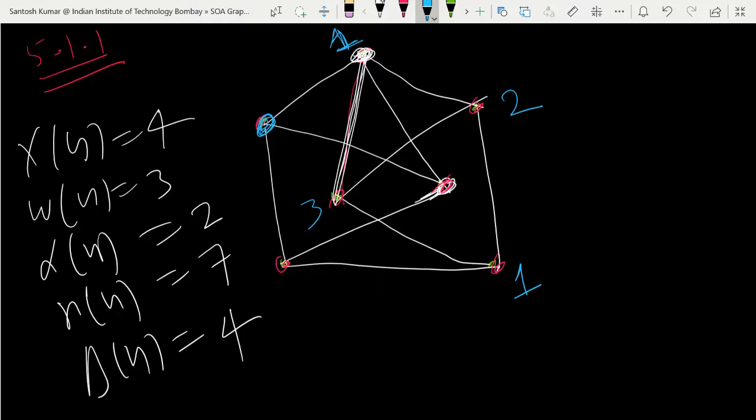Suppose I take 3 here, so let's take 2 here. Now this one is connected to 1, this is connected to 2, this is connected to 3. So this is adjacent to vertices of all colors or labels 1, 2, 3, so we have to take something different. That is 4. So the chromatic number is 4.